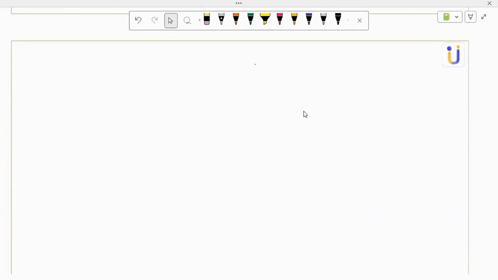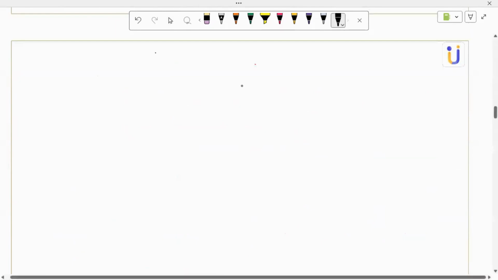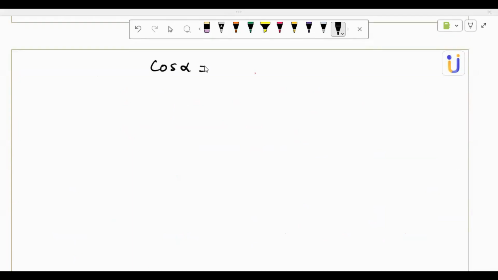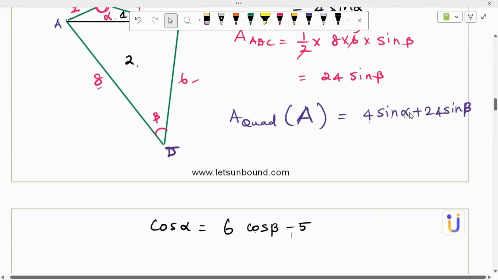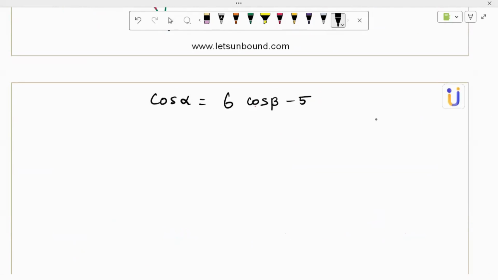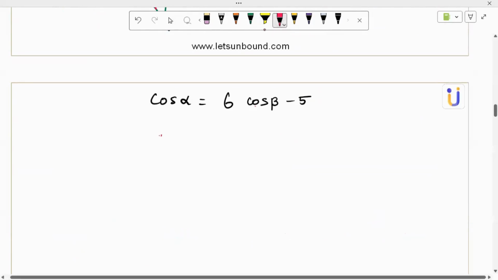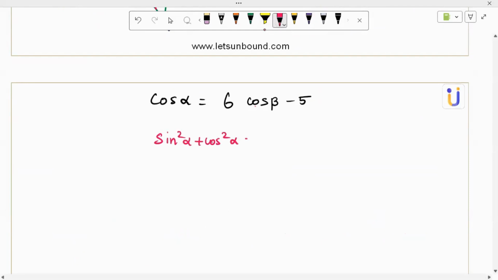We know that these are all our working. So cos alpha is equal to 6 cos beta minus 5. But I want the replacement for sine alpha. I want to replace the sine alpha. Yes, I can do that because we know this identity, sine square alpha plus cos square alpha equals 1.